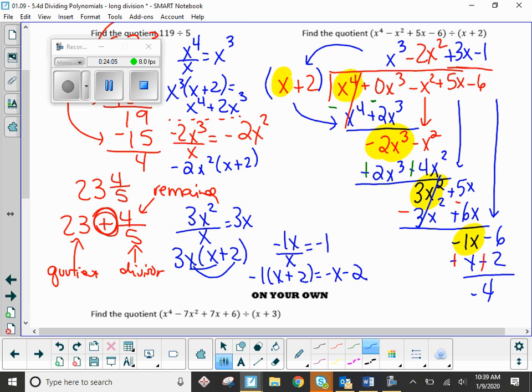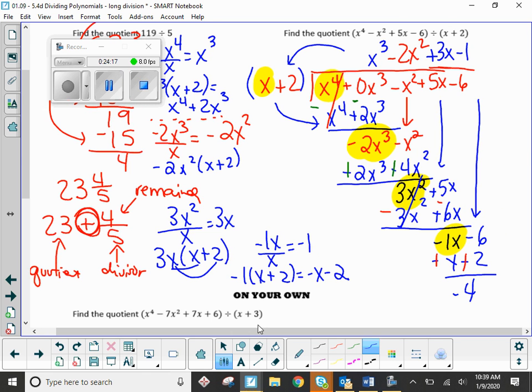Now, if you want to save some room on your paper, since where you wrote your answer in that quotient spot, just leave it there. Instead of rewriting the whole thing, just go back up there and put your remainder. So I told you over here that I want it written like this: quotient plus remainder over divisor.